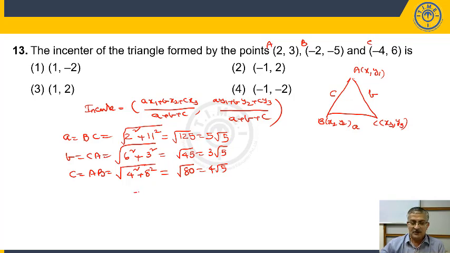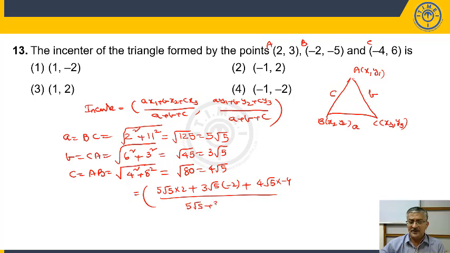Okay. So what is the answer? A is 5 root 5 into x1 is 2, plus b is 3 root 5 into x2 minus 2, plus c is 4 root 5 into x3 minus 4, by a plus b plus c, that is 5 root 5, 3 root 5 and 4 root 5.